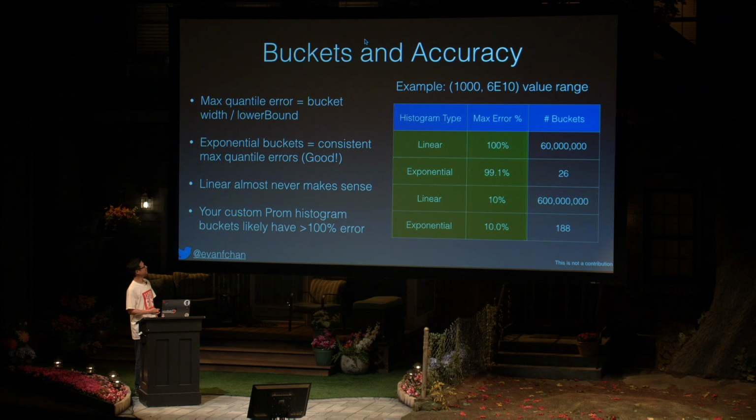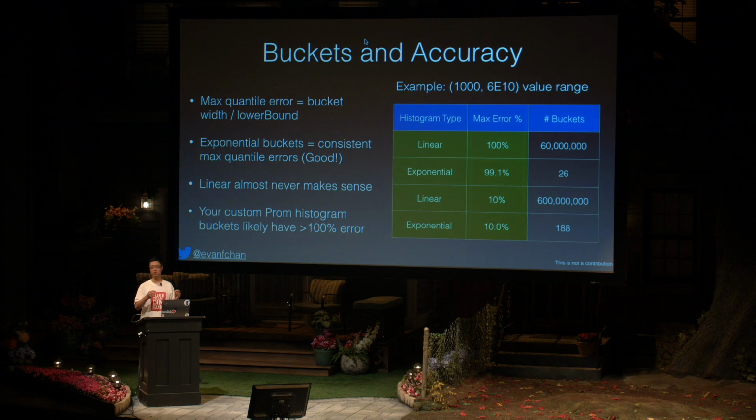So this is a really simple equation: if you have bucketed histograms, the max measurement error or quantile error for any one bucket is equal to the width of the bucket divided by its lower bound. I won't get into the details of that, but if you're interested, you can come talk to me afterwards. Now, I set an example for a range of values captured by a histogram: 1,000 to 6E10.